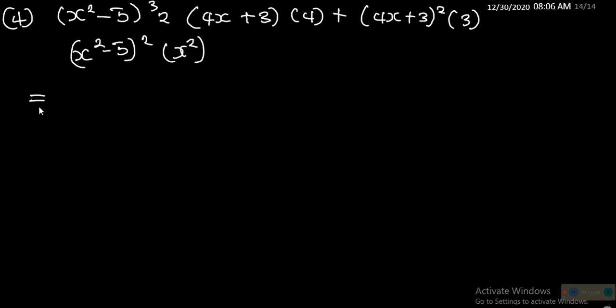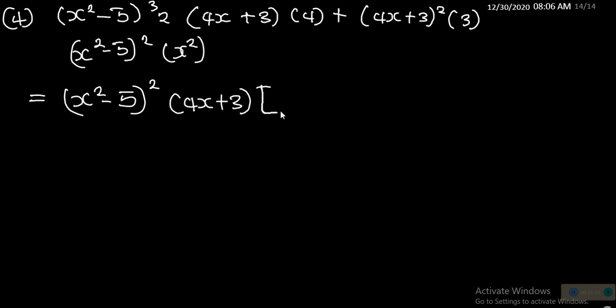taking out the common factor, first of all the common factor is x squared minus 5 all squared. It's common here, and then we have 4x plus 3. If we take x squared minus 5 in the first one, we have x squared minus 5 multiplied by 2, 4x plus 3.